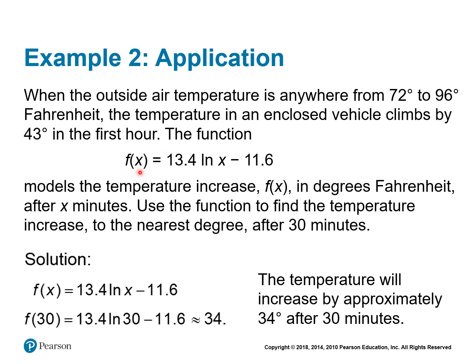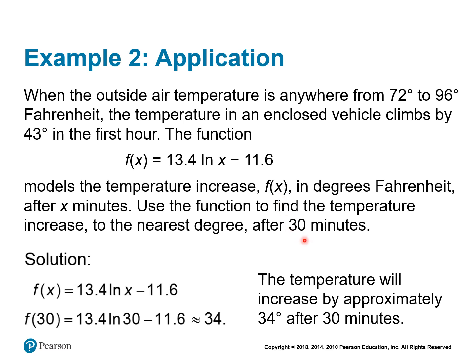The function f of x equals 13.4 times ln of x minus 11.6 models the temperature increase f of x in degrees Fahrenheit after x minutes. So here x represents the number of minutes and f of x represents the temperature increase in Fahrenheit. Use the function to find the temperature increase to the nearest degree after 30 minutes.